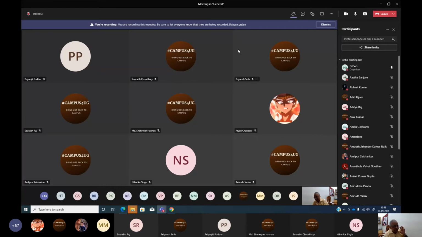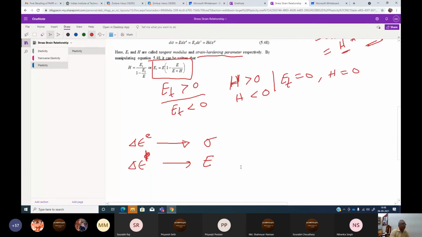So this is nothing but you accumulating the plastic strain in there, and as a result its E value is getting changed, and that is how ultimately the damage occurs in the material.